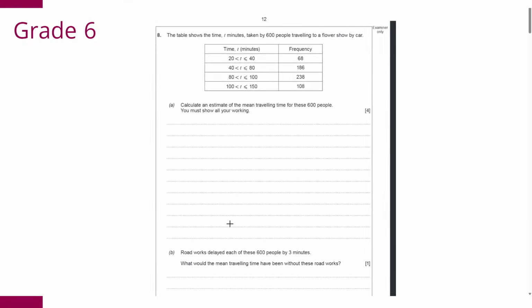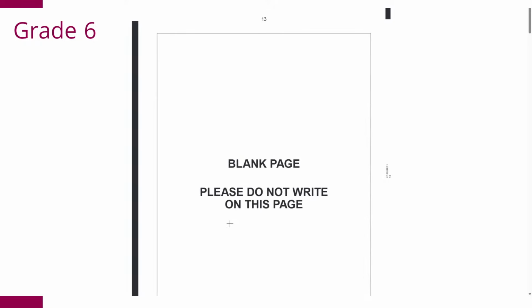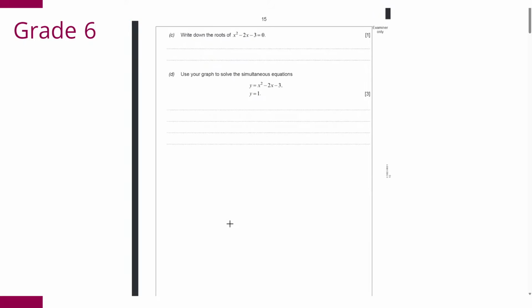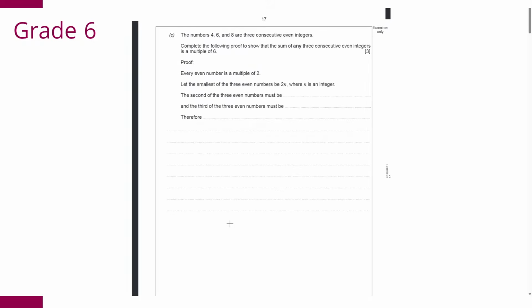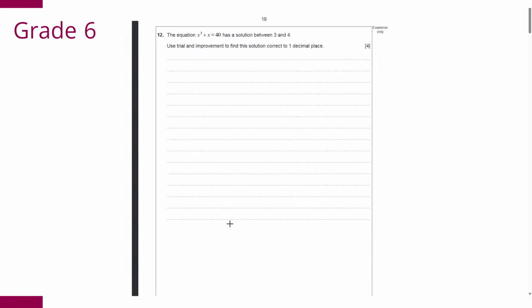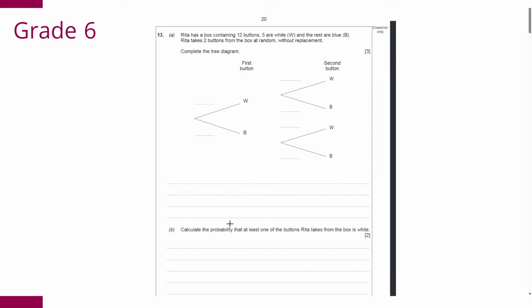Do we do another grade 6? That was grade 5, probably grade 4. That's not grade 6. So let's do a proper grade 6. We've done quadratic sequences. Let's try and find a grade 6. We've done percentages.